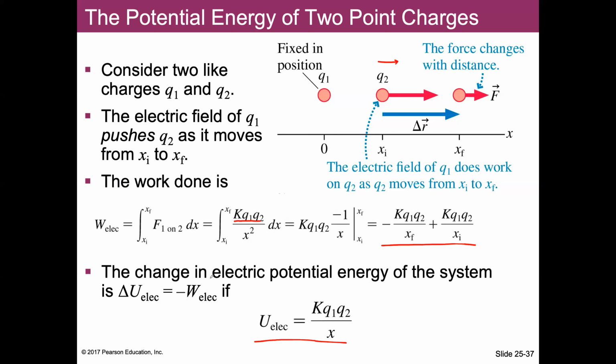Then the change in the electric potential energy of the system is delta U. It's just U initial subtracted by U final.